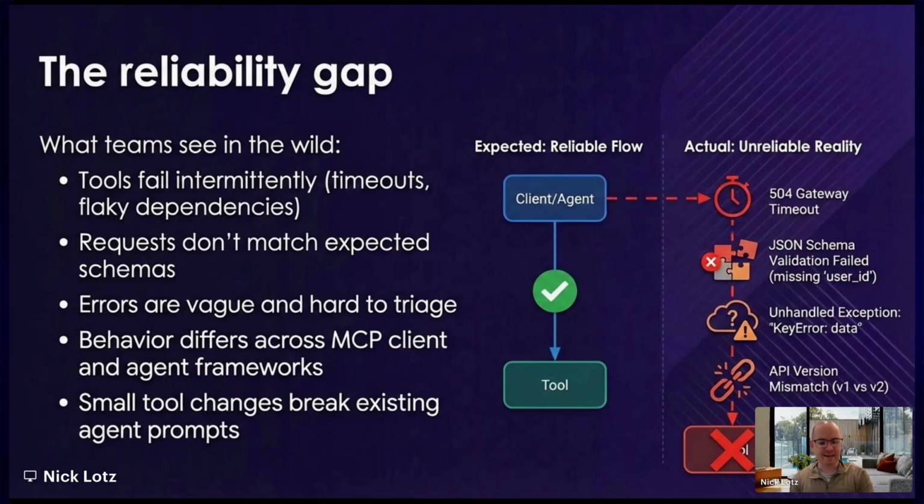And in addition, while MCP as a protocol nominally follows a standard, the behavior can ultimately differ among different client and agent frameworks. And when one type of schema is expected and you make a slight change upstream at a particular tool, that change can break existing agent prompts. So ideally, we want our AI clients or AI agents to communicate with whatever tools we have.